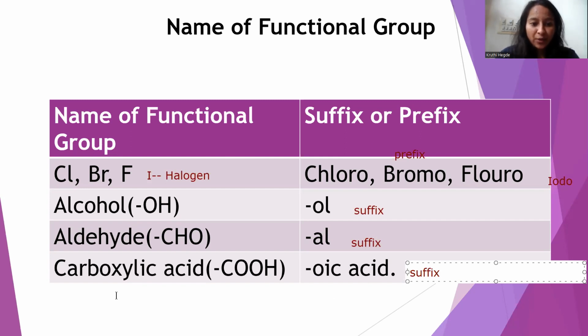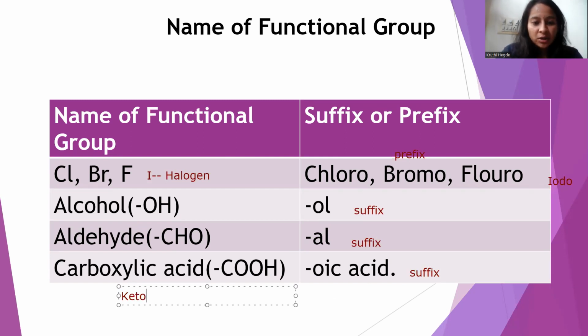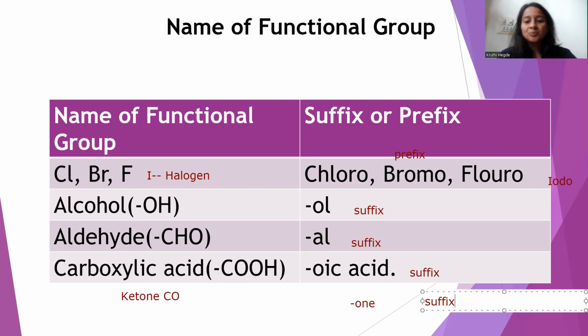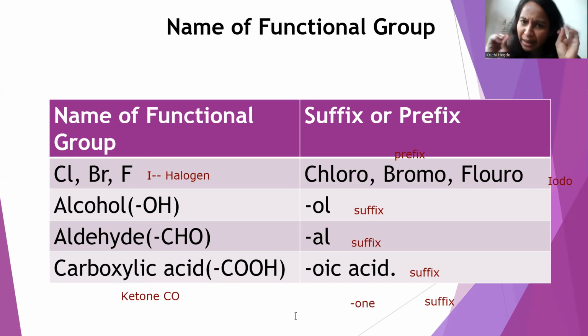And one more that I have not given here, ketone, which will be CO, and it will be ONE, one, again as a suffix. So all are suffixes, four suffixes, and only one prefix, halogen. Chloro, bromo and fluoro only are prefixes, everything else is a suffix.